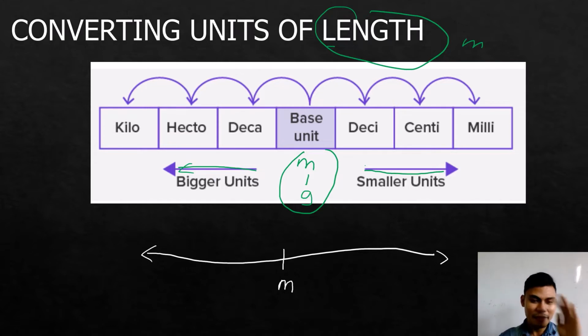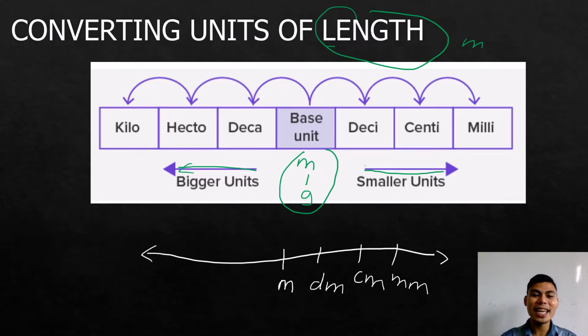So memorize: meter, going to the right, decimeter, written as dm. Then centimeter, cm. Then millimeter, mm. Okay, familiar? Then going to the left, we have decameter, dam, hectometer, hm, then kilometer, km. Okay, it should be like that for length.